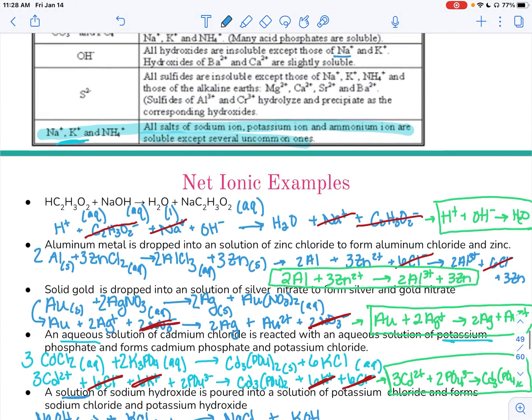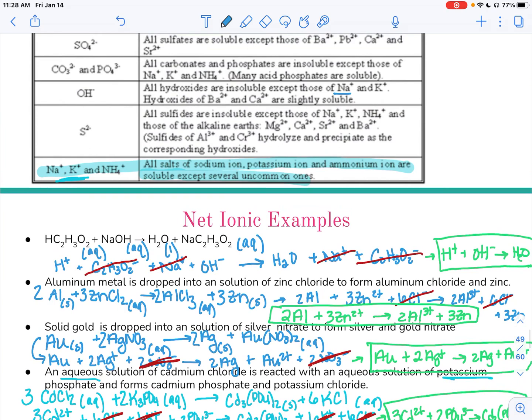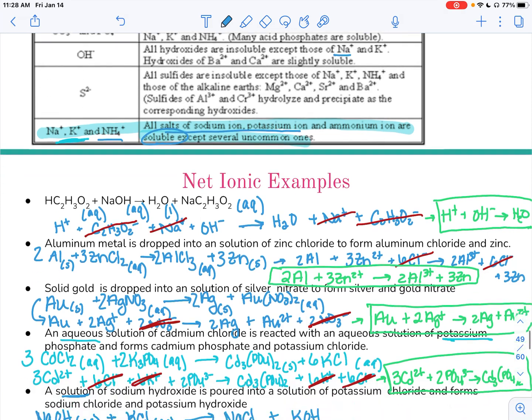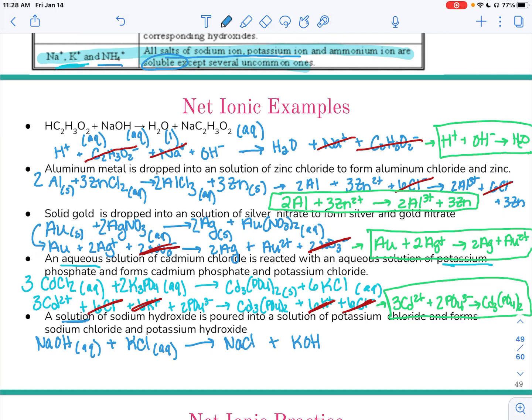So sodium and potassium, all salts are soluble. Again, there's some exceptions, but you don't need to know them. So that means this is also aqueous, and so is this. So it's already balanced, so we'll split them up into their ions.